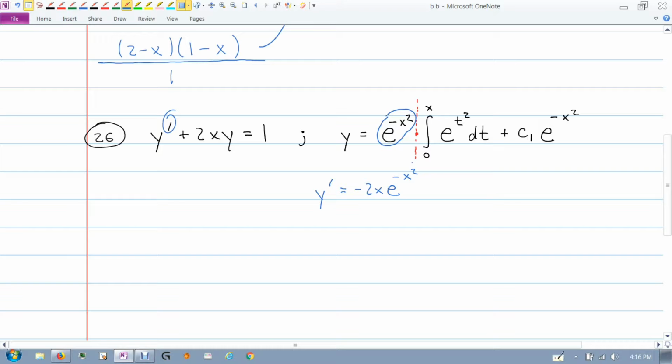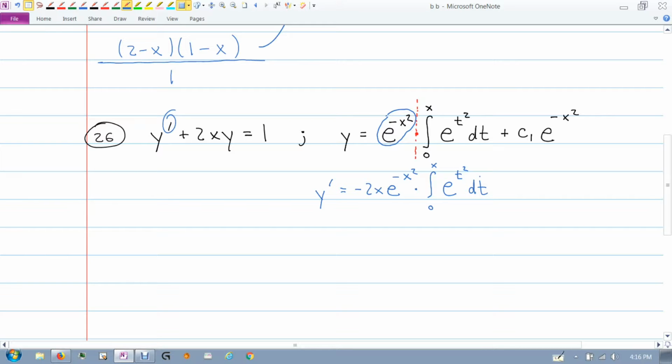The derivative of e to anything is itself, then the derivative of what's up there is negative 2x, and that comes out front. Then you still have the second function, which is still an integral. And remember, we're differentiating with respect to x.